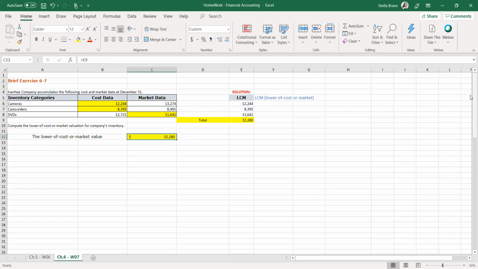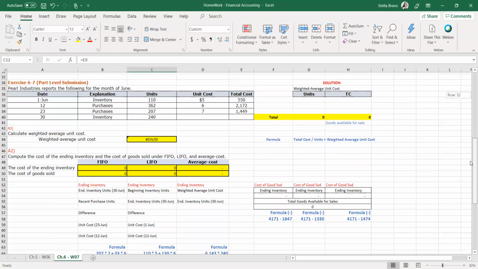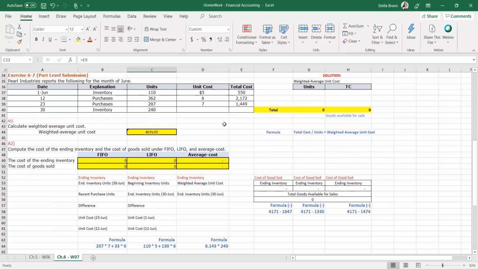The second part is a multi-part submission, and in the first part of the exercise, they ask us to calculate the weighted average unit cost. For the weighted average unit cost, we need to know the units and the goods available for sale.